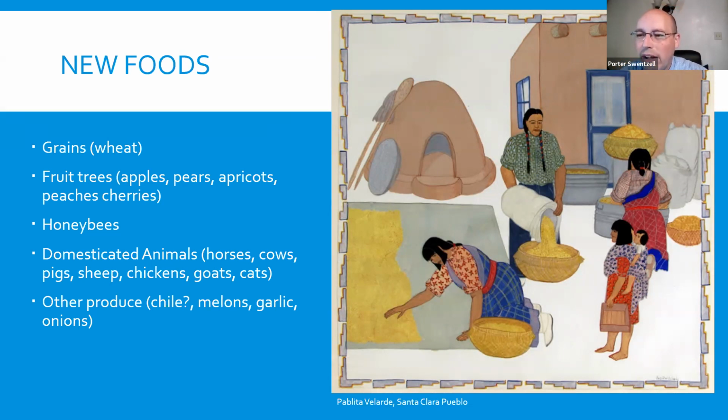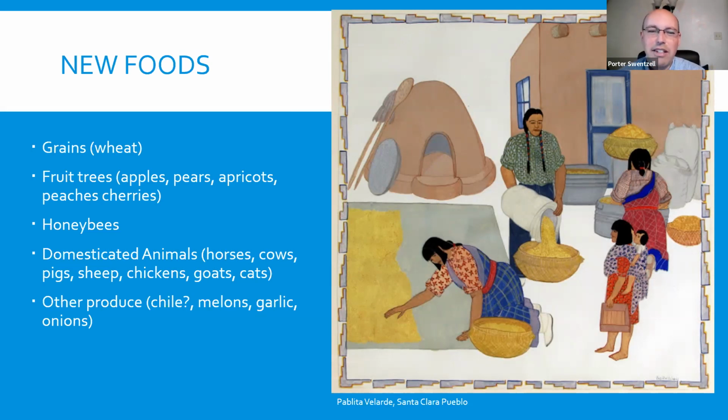Of course, there are wild honeybees in the area, right? But added to those were the domesticated honeybees from Europe, primarily brought to help with the fruit trees, right? And of course, a lot of domesticated animals in the Pueblo communities. Before the Spanish, there were two domesticated animals, turkeys and dogs, right?